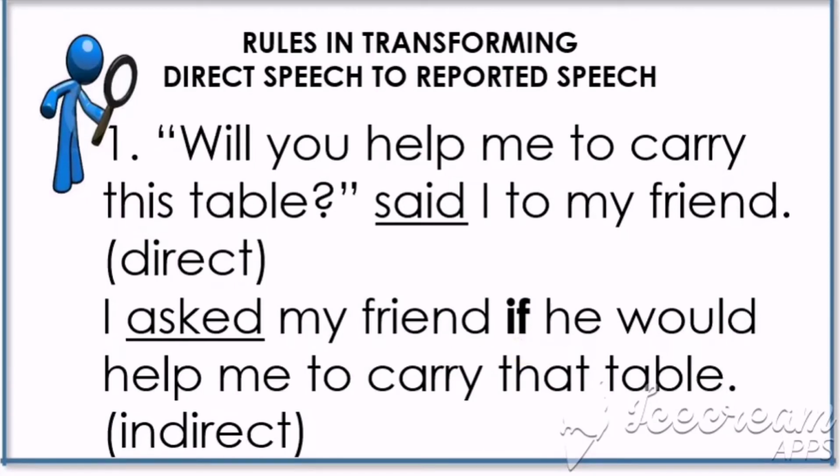If he would help me to carry that table. Now we change you into he. We assume that the friend is a male. And then will is changed into would. Help me to carry that table.